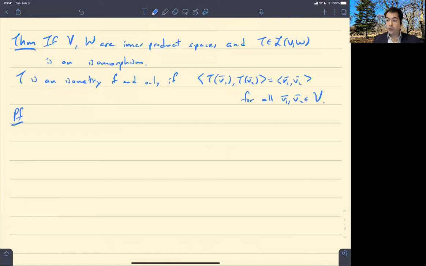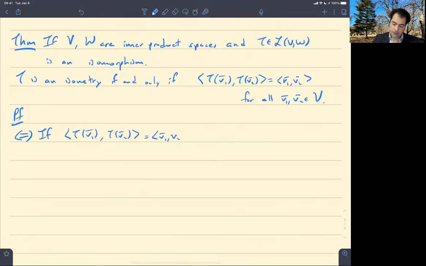Okay, so one direction is obvious, right? If we have a map that preserves inner products, then the norm of T of v is equal to the square root of the inner product of T of v with itself.